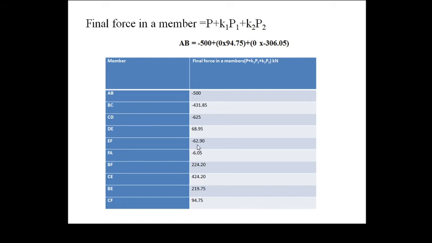Here 62.9. Here FA is compression, and these are tension, tension, tension, here also tension. The negative sign indicates a compression member, and the positive sign indicates tension in the member. This is about the problem on how to find the forces in the members by the flexibility matrix method.